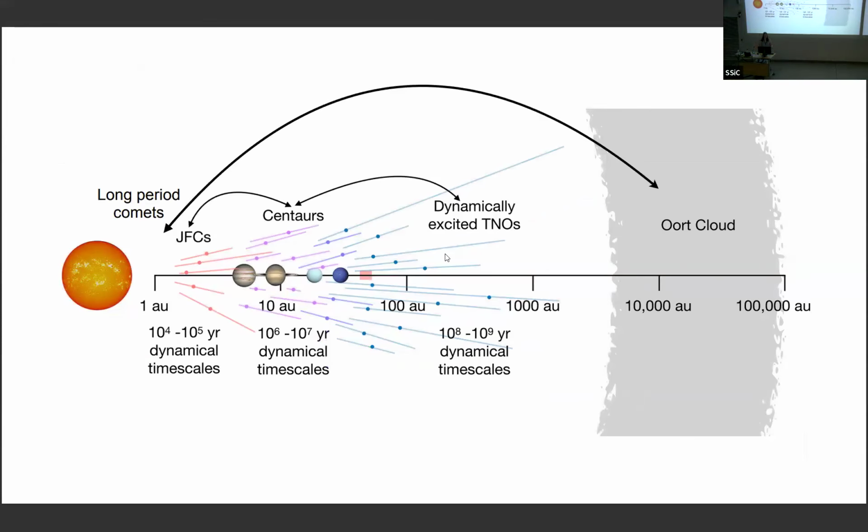What I'm going to focus on today is some broad brush stroke stories about the connected icy small body populations, ranging from the metastable long-term reservoirs, the Trans-Neptunian populations and the Oort cloud, to the transient and constantly replenished JFC and Centaur populations, and how the stories of these populations are related to things we might be seeing in other planetary systems and what they are telling us about the history of our own planetary system.